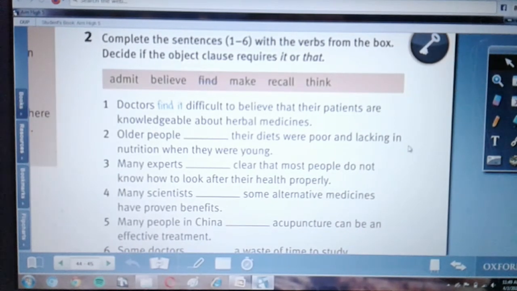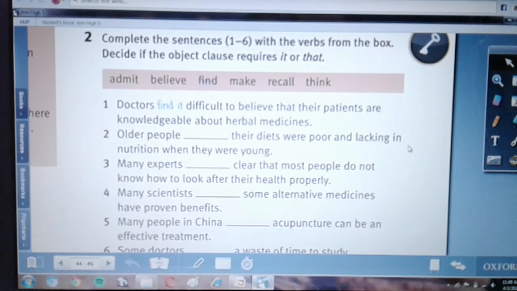Alright, so now take a look at number 2. Let's read the sentence. Older people blank blank blank, their diets were poor and lacking in nutrition when they were young. So, which verb shall we use? Admit, believe, make, recall, or think. The clue is when they were young.